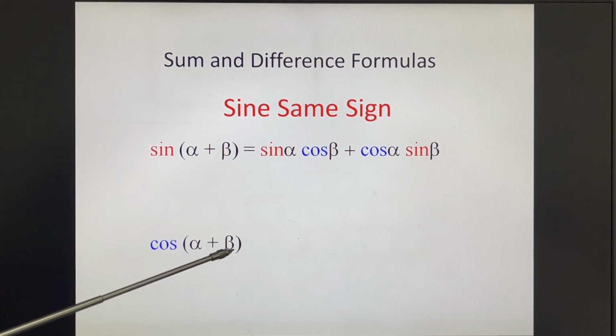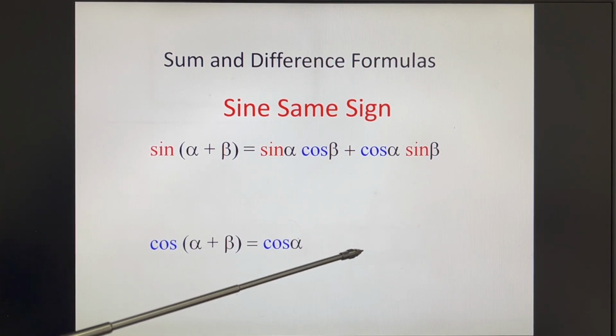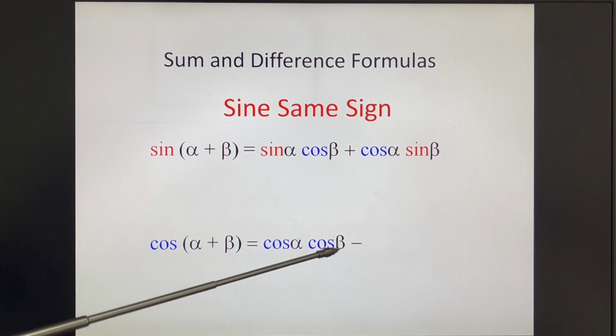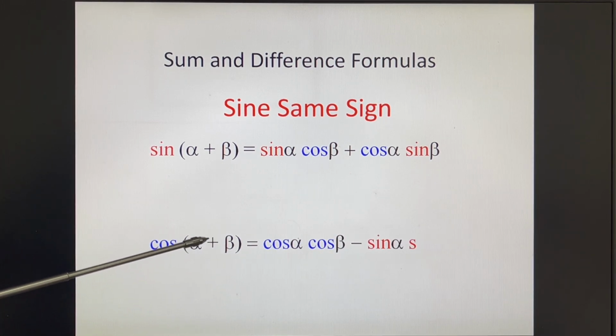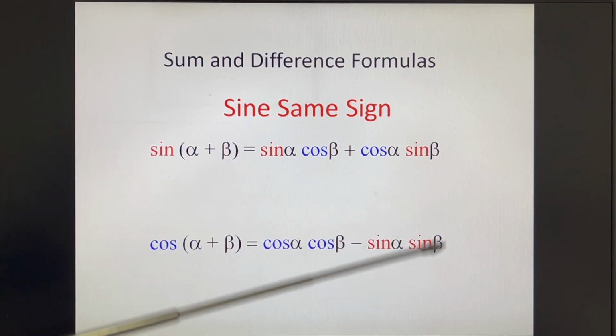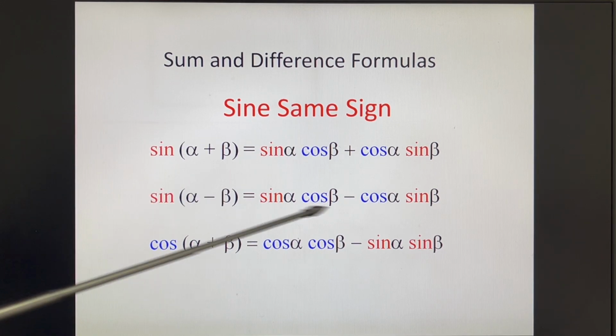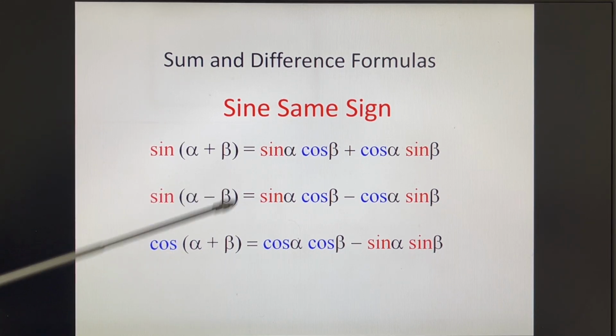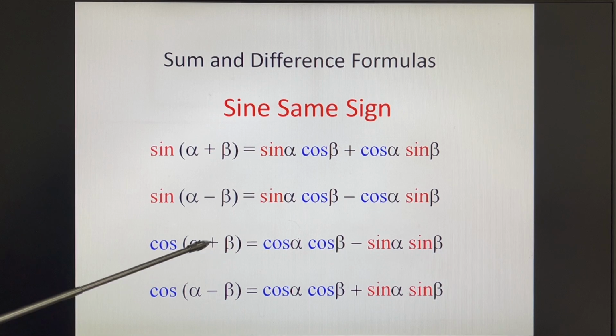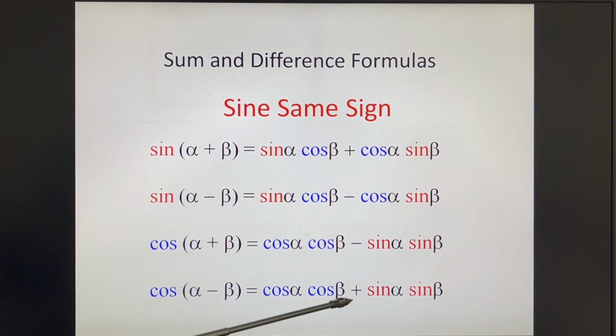Sine, same sign. Cosine is different. Cosine alpha plus beta equals different sign and same function, minus plus: cosine, cosine, sine, sine. And then we change the sign, we get sine alpha minus beta. We change the sign, we get cosine alpha minus beta.